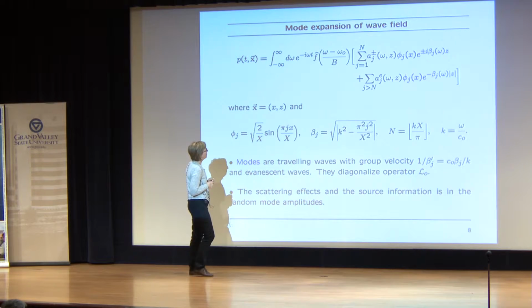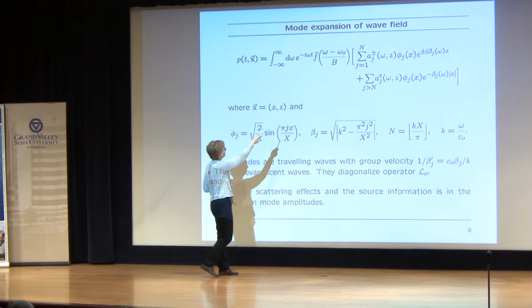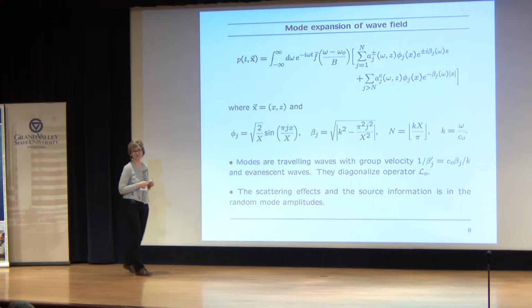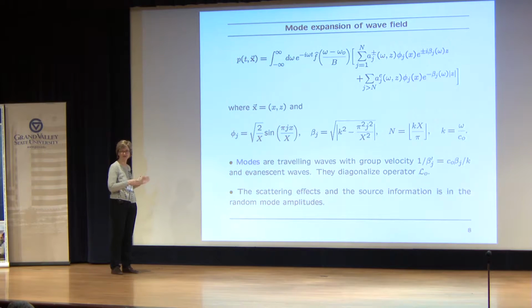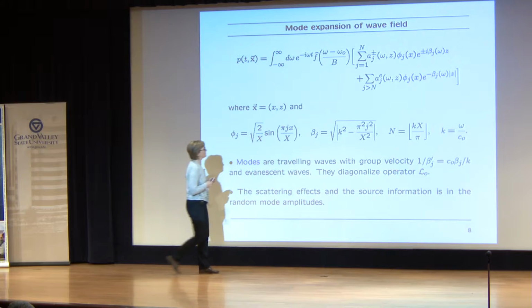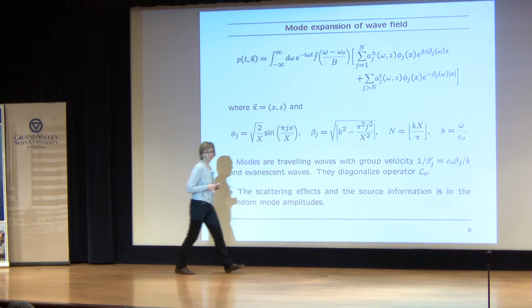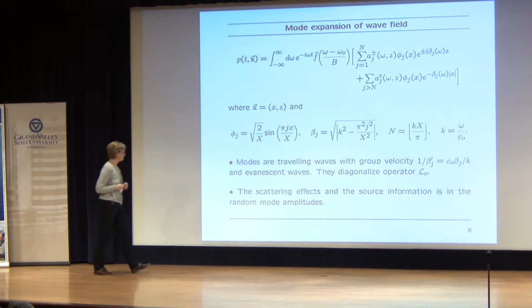We have propagating waves, as shown here in the first sum. The plus minus just means that we have waves that go to the right and to the left, that is forward and backward going waves. And the rest, we have infinitely many evanescent waves. So these are the modes.